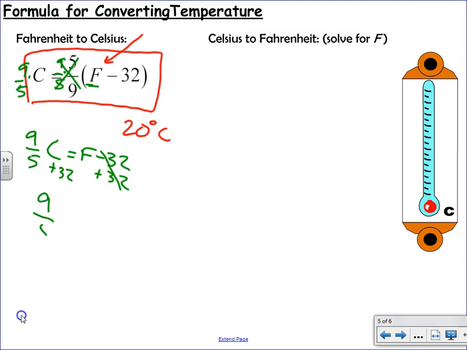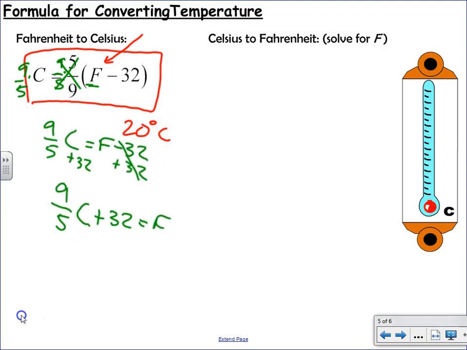Now we have 9/5 times C plus 32 equals F. Okay, so that is our new equation. And now if it's 20 degrees Celsius, we plug that in for C. So we have 9/5 times 20 plus 32. That will give us our temperature in Fahrenheit.